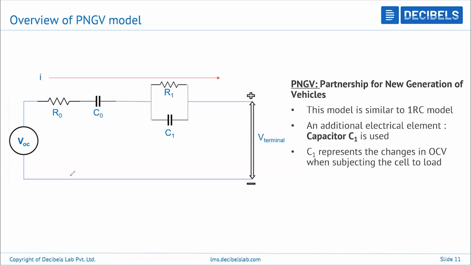And now we can just derive its equation. It is very simple. Naturally, when we consider Kirchhoff's voltage law, we say that the total voltage across the loop should be equal to zero, or the sum of all the voltages inside should be equal to zero. So we say V terminal, this is what we need.